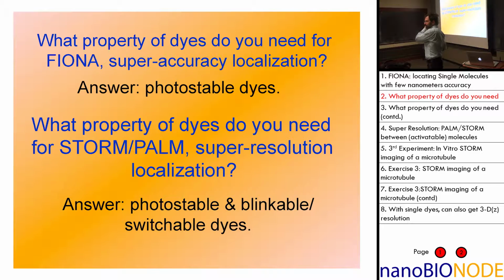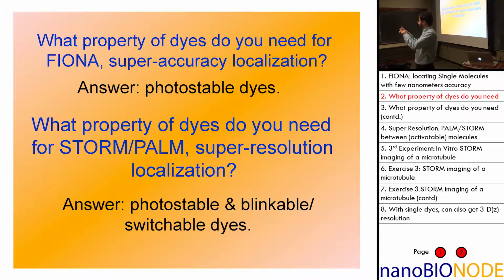So what do we know about super resolution? You can distinguish things that are really close together. Okay, so if you have two molecules coming together like this, and by really close, what do you mean? Lambda over 2.